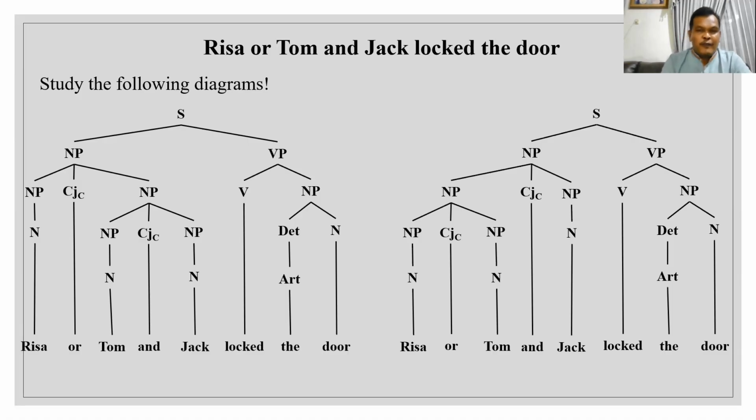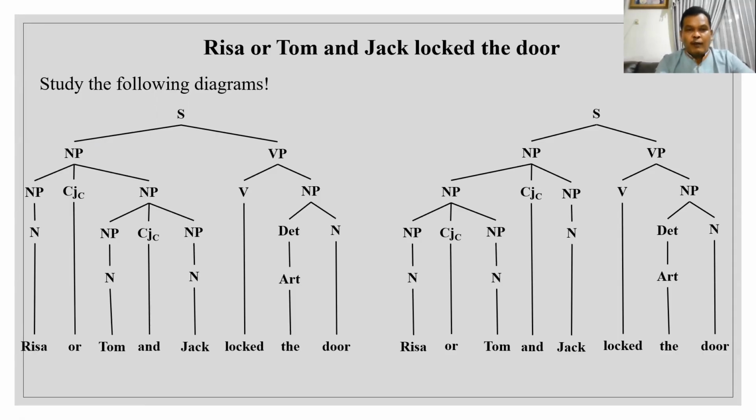However, you can find the difference between these two diagrams. The main difference is found in how we draw the tree or the branches for the NP. The first NP here is different from the first NP in the second diagram. And this difference is what makes the meaning of this sentence ambiguous.